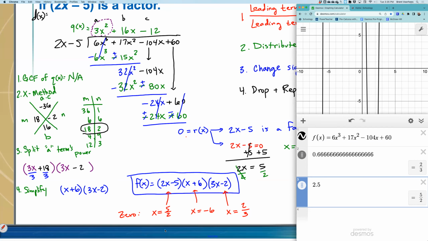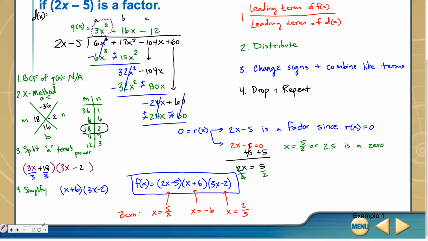Okay, so if you were only using the calculator, how could you do all this work that I've just shown you right here? Here's how you could do it. Let me get a new page. You would graph, and you would find the zeros. So here's the calculator cheating way: graph and locate zeros. When I did so, we got the zeros -6, 2/3, and 5 divided by 2.